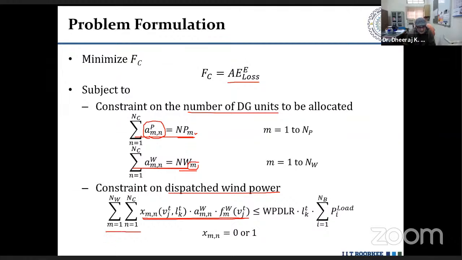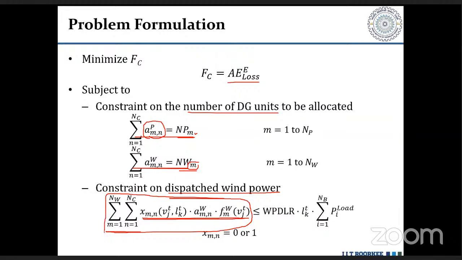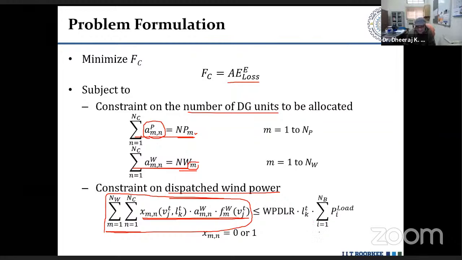So this is giving the total active power injection by wind turbines. And here it is the load at a particular bus, summed over all buses, that is the total load in the system, and the load state.